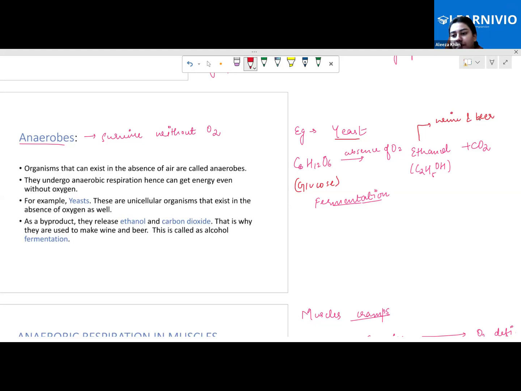Yes, it damages the liver. Ma'am, it will reduce the metabolism process. Yes, okay. Fermentation, right? Yes, it is fermentation.